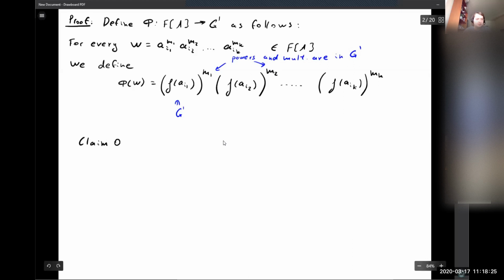So claim 0. Now note that above we introduced phi of w for every word.